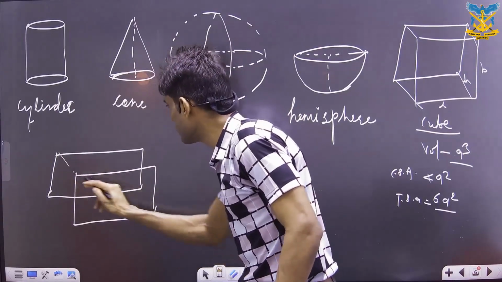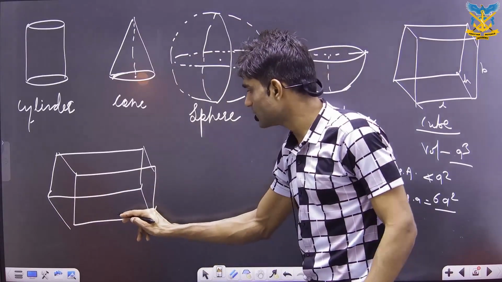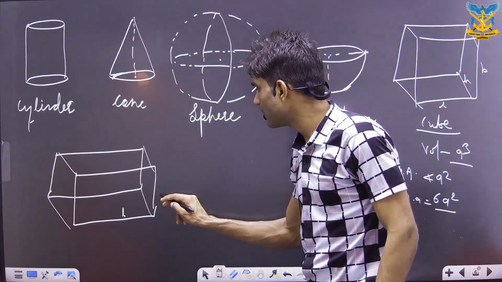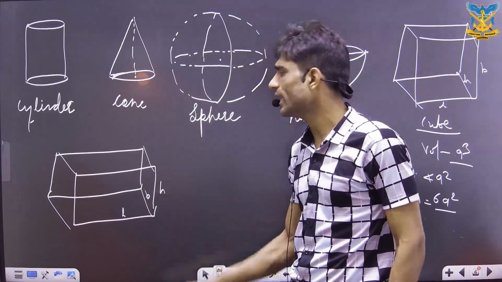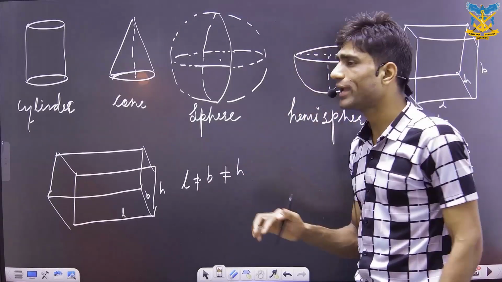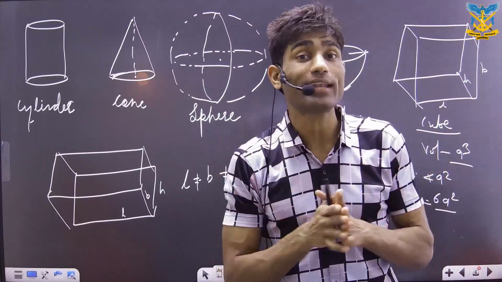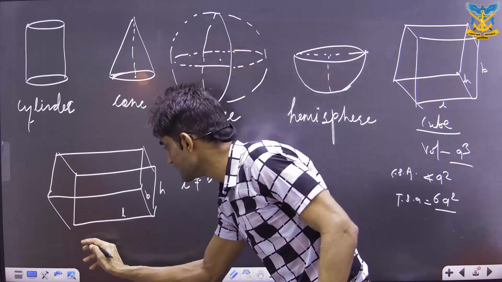Let me plot the cuboid first of all. Now we can see this one is the length, this is the height and this one is the breadth. Length not equal to breadth not equal to height. These 3 edges are not equal in our cuboid.